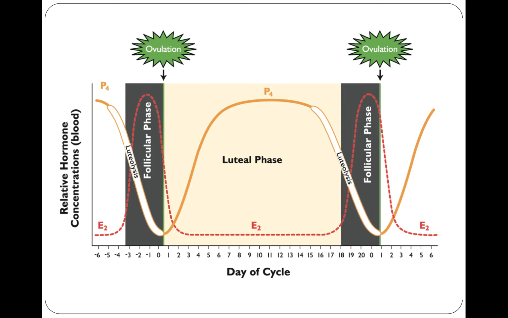ovulation. And when progesterone decreases, it does so because the uterus did not detect a pregnancy. When the uterus does not detect a pregnancy, interferon tau is not detected from the conceptus that would normally be in the uterus, and that will trigger prostaglandin F2 alpha to be produced.